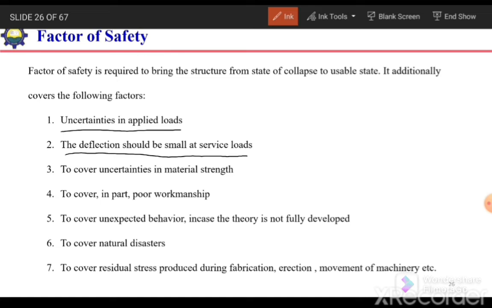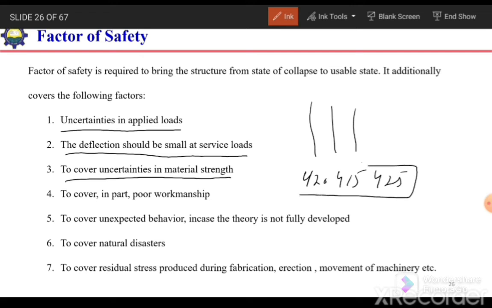It also covers the uncertainty in material strength. Material strength can vary inside the member, and if we have fabricated different structural members in the factory, their strength may vary a little bit. For example, if we test 3 rods under tension, their strength will be somewhat different. For example, one is 420, another is 415, and another is 425.